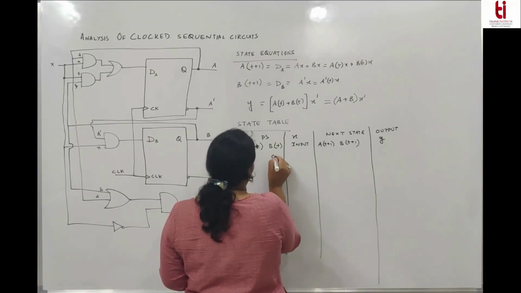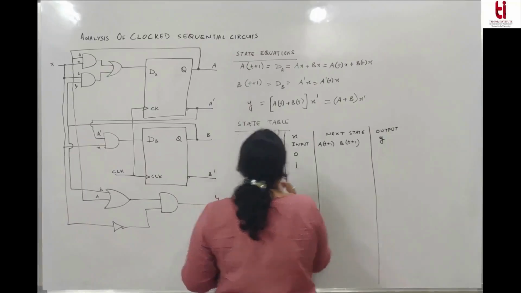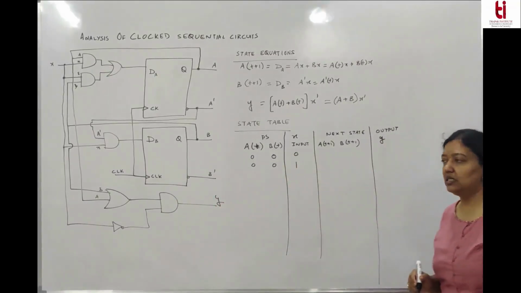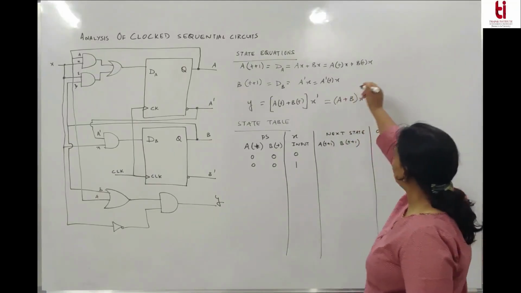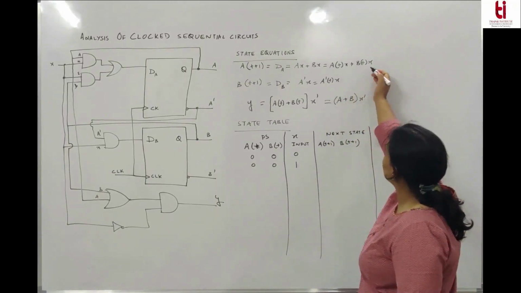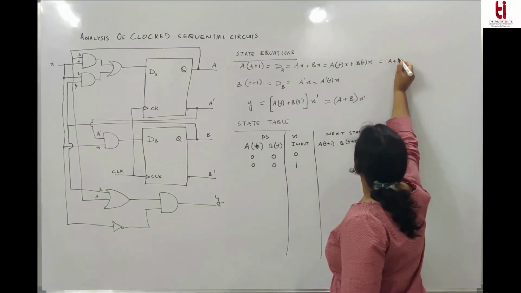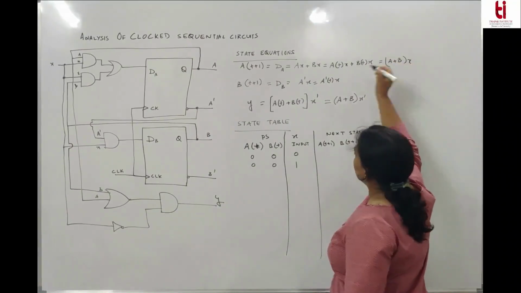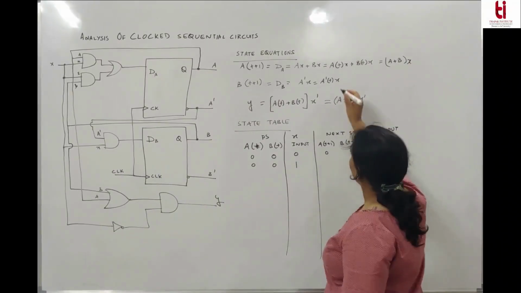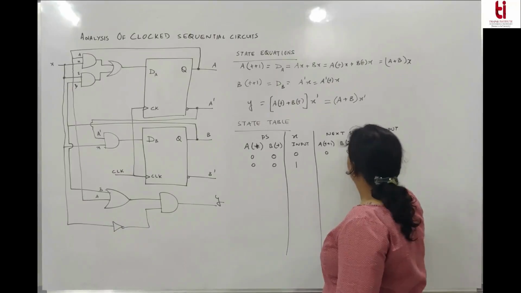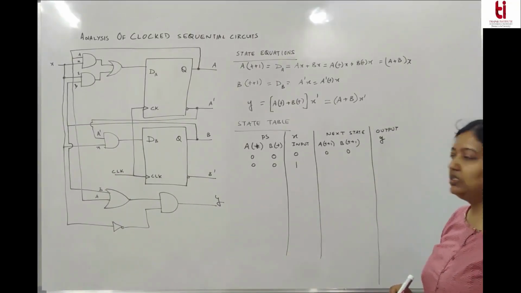When the present state is 0, 0 and X is 0, what is the next state? You can write this as (A plus B) into X. X is 0, so it is 0, and this is also 0. If X is 0, then the next state of A and B will be 0.